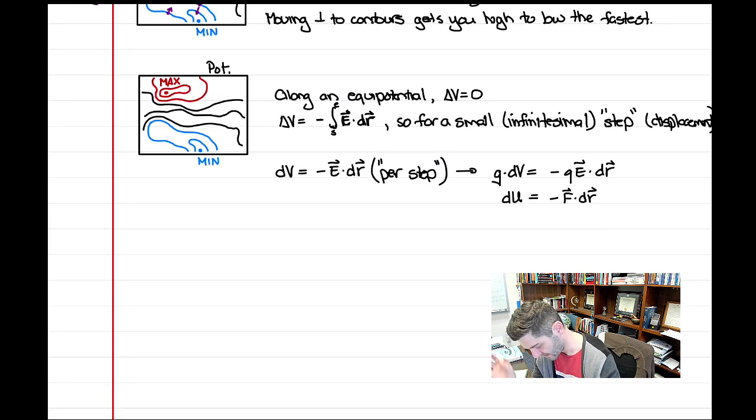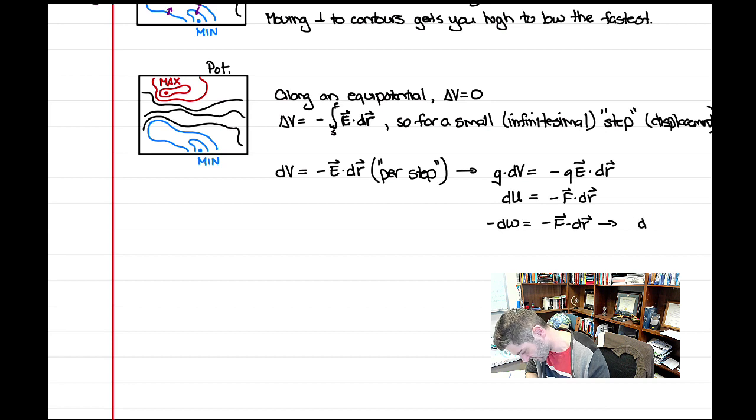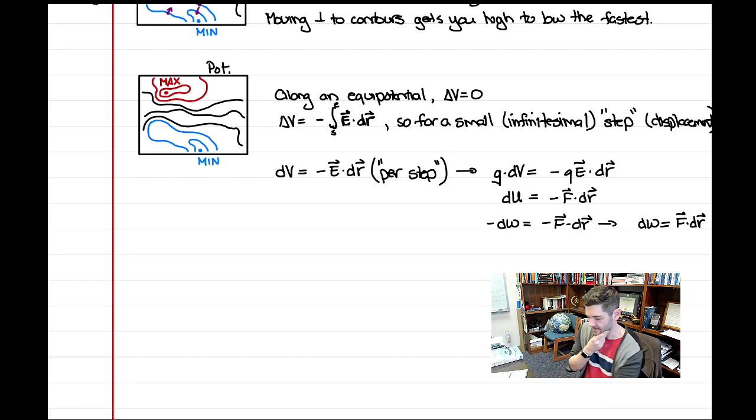So then there's a negative, so then this is the same thing as negative a small amount of work that was done, equals F dot dr. And then of course I essentially just went backwards in my definitions. Right, that this obviously then connects to that force doing a small amount of work on that charge. Or really all I had to do is multiply by Q, which we assume is some non-zero number.